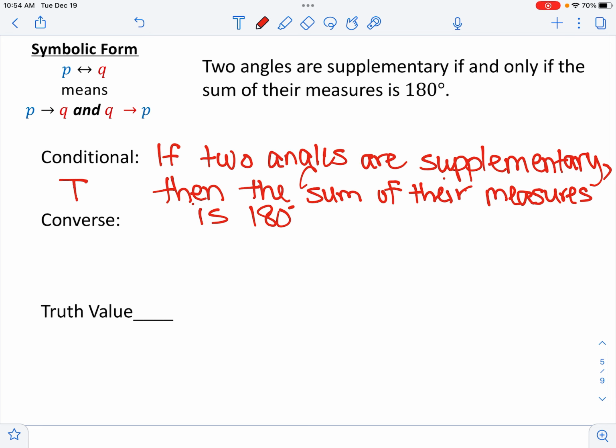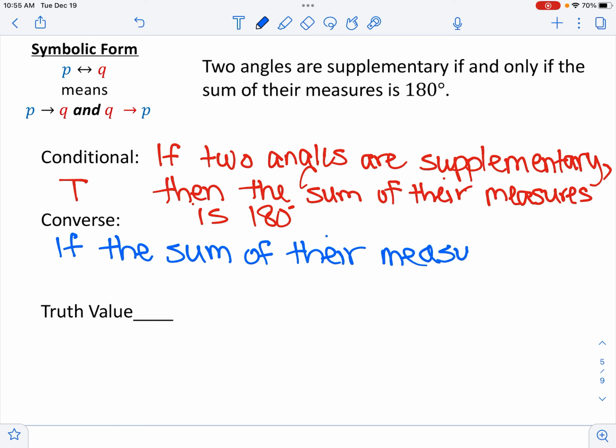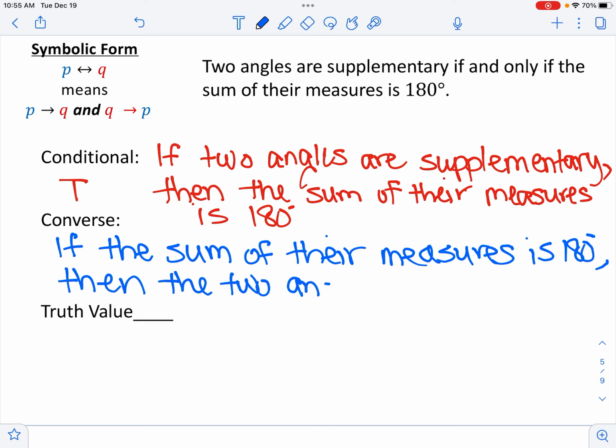Okay, so the converse of that would be if the sum of their measures is 180 degrees, then the two angles are supplementary.